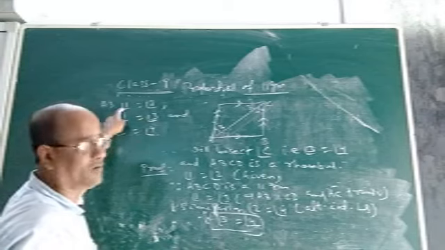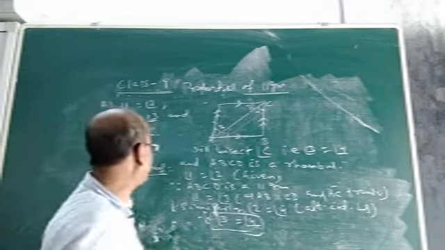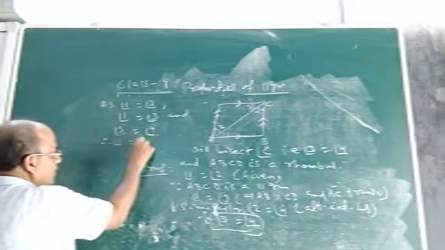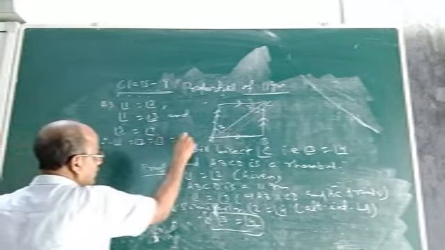So angle 2 equals angle 3 equals angle 4 equals angle 1. That means all these four angles are equal. Therefore, our conclusion will be angle 1 equals angle 2 equals angle 3 equals angle 4.